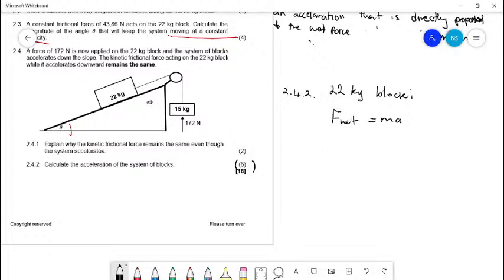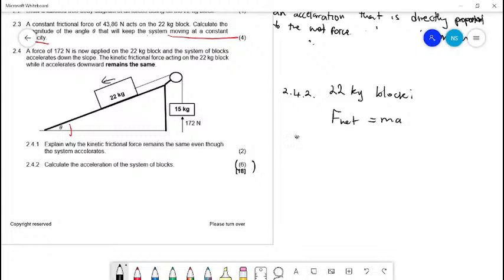If you remember from what we drew, we had our frictional force, we had our F-net, we also had our tension in that fashion, right? So I think we can take down as positive, and why am I taking down as positive? Because I'm told that this thing accelerates down the slope. So I'm going to take the direction of motion as positive.